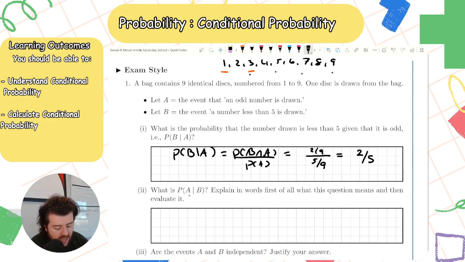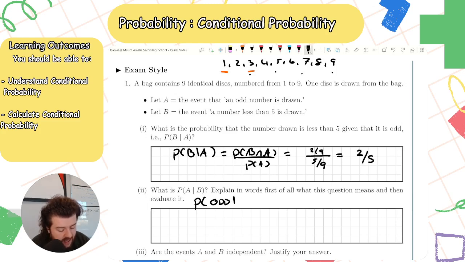And what is A given B? Explain in words first and then evaluate it. Well, A given B is just the probability that it's less than 5 given it's odd. Nope. Swap it around. A is it's an odd number.